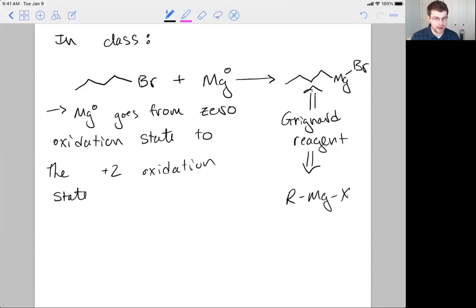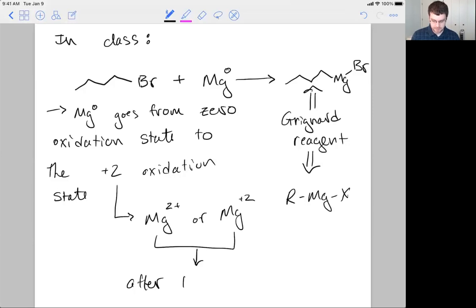The magnesium is added and oxidized simultaneously. It went from a 0 oxidation state to a +2 oxidation state. Said another way, with the +2 oxidation state, that means that we're now magnesium 2+. I don't worry too much about it; you can write magnesium +2 or 2+, and this is after the Grignard reagent forms.